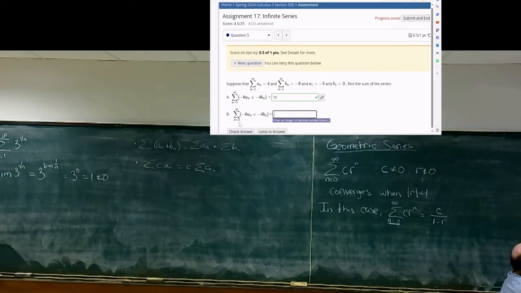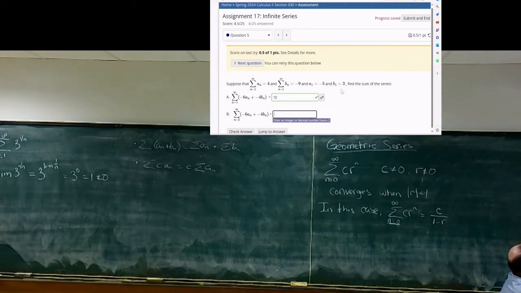Same sum, except look, we're now starting at 2. So we took away the n equals 1 term. So it'll be 12 minus whatever that n equals 1 term was. Well, a sub 1 was -5 and b sub 1 was 3.